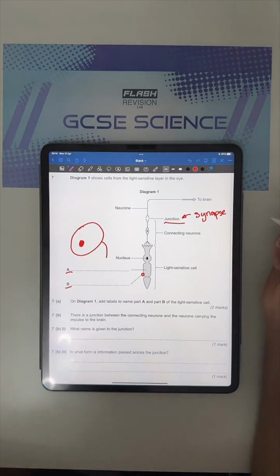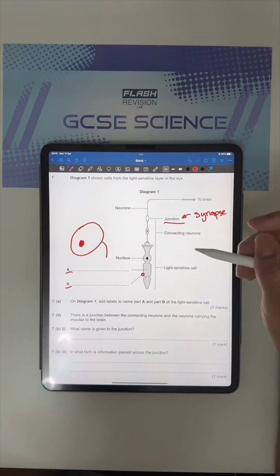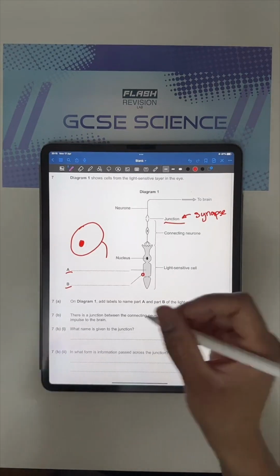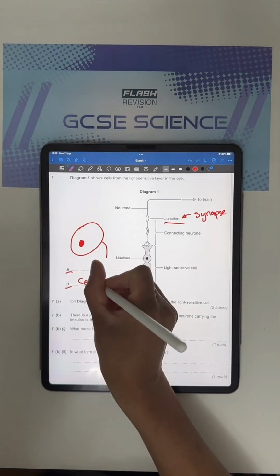Cell wall, not quite, not the cell wall, but you're thinking in the right direction, because cell walls are only in plant cells. This is in an animal cell. So what's on the outside of an animal cell? Cell membrane. Thanks, Anna. That's correct. So B is the cell membrane.